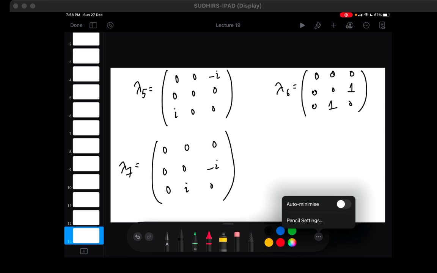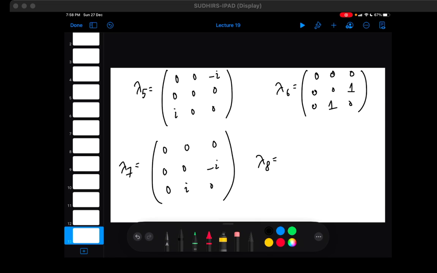And lambda 8 has this peculiar normalization, which is 1 over root 3 times 1, 0, 0, 0, 1, 0, 0, 0, minus 2, as expected.